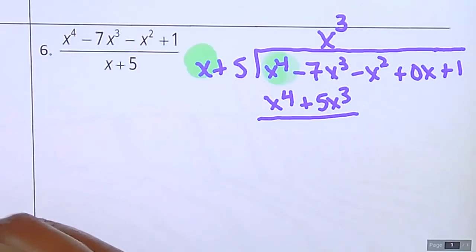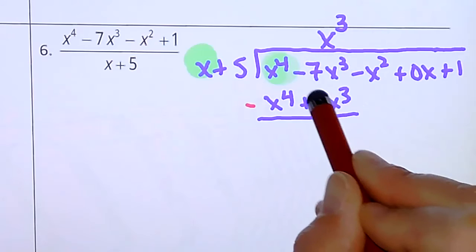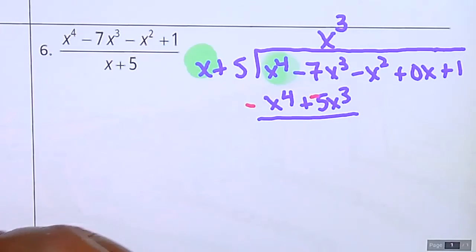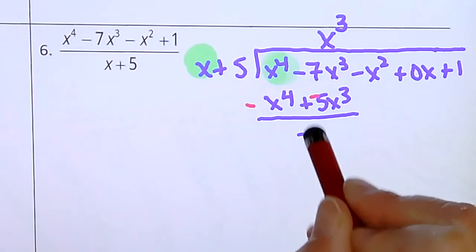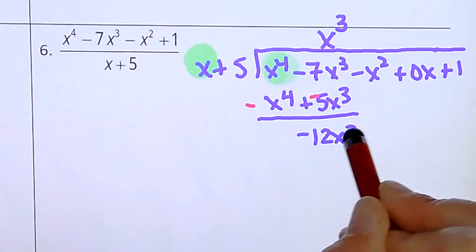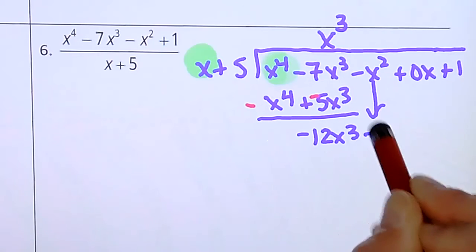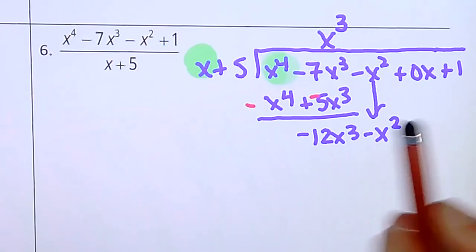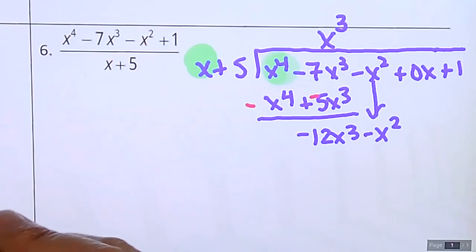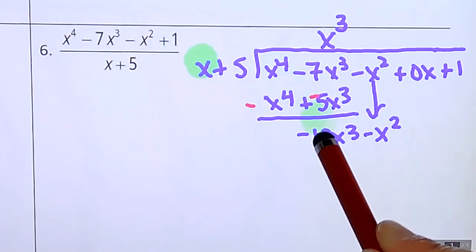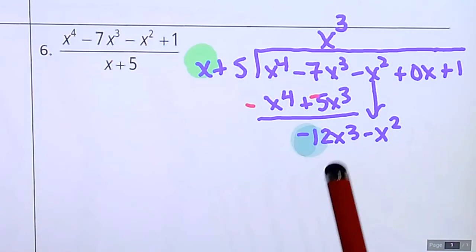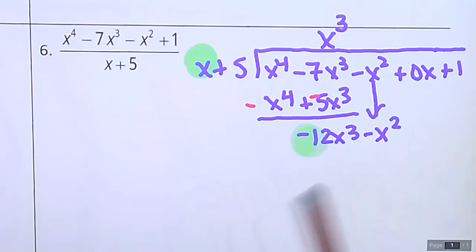And then I'm going to subtract. So this becomes negative, this becomes negative. I end up getting this canceling out. Here, I get a negative 12x to the 3rd. I bring down my negative x squared. And now I'm going to be focusing on x into the negative 12x to the 3rd.